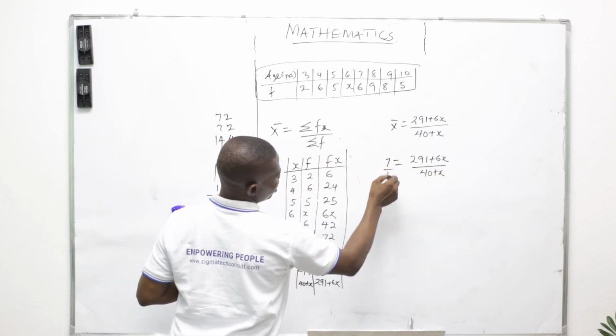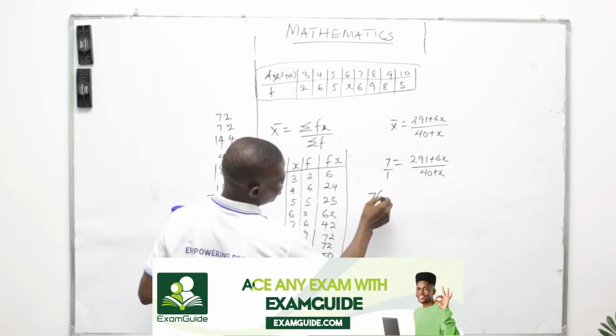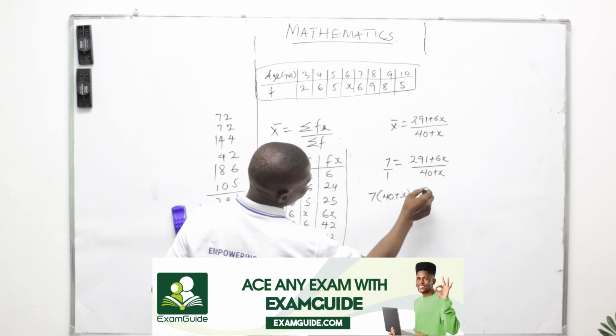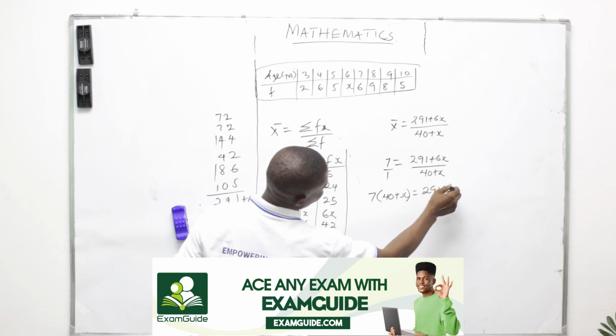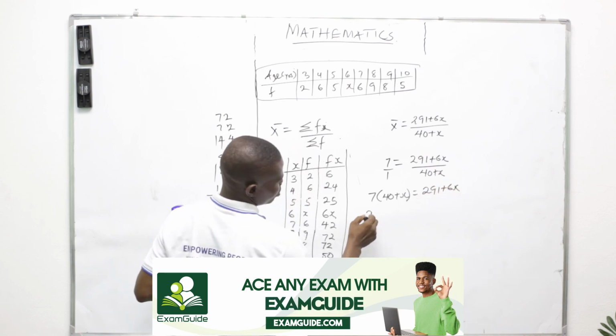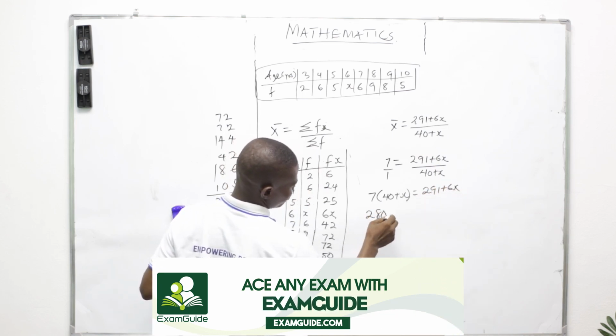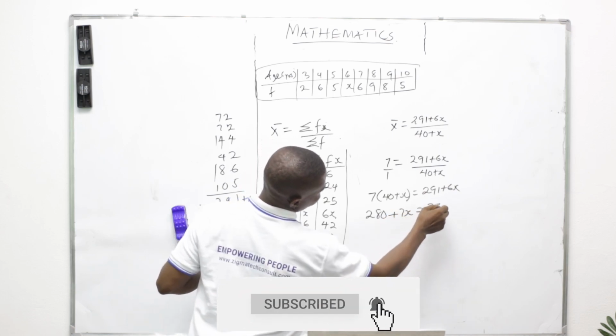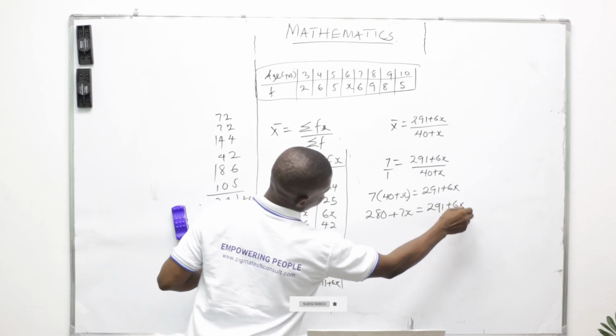You cross multiply. 7 into 40 plus x equals 291 plus 6x. So that's 280, because 7 times 4 is 28, plus 7x equals 291 plus 6x.